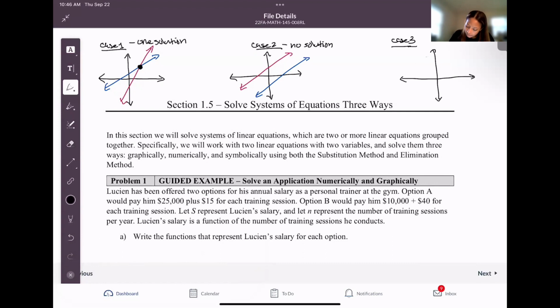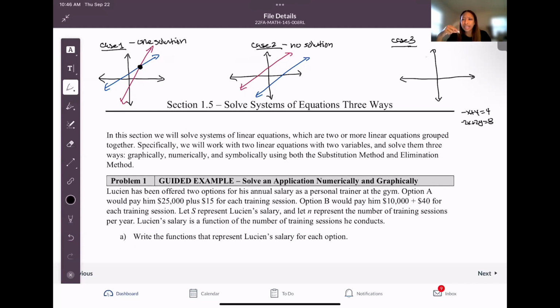An example of something like this would be, I don't know, let's go -x plus y equals 4, and -2x plus 2y equals 8. These linear equations look different, but when we write them both in slope-intercept form, we get the exact same thing. It turns out the second line is just the first line multiplied by 2.